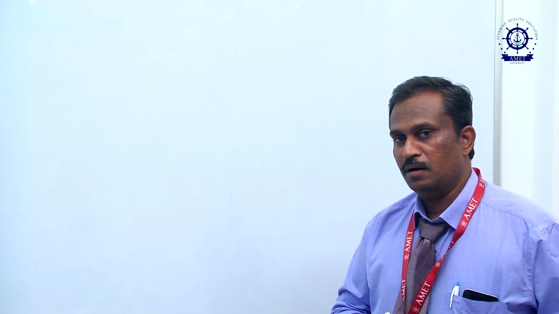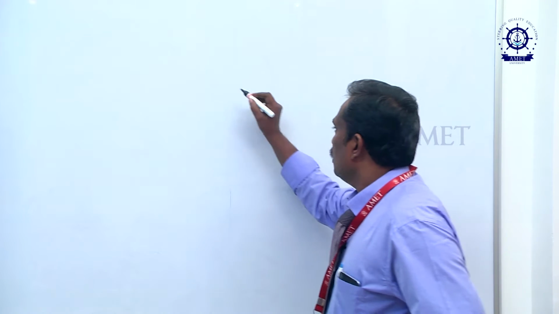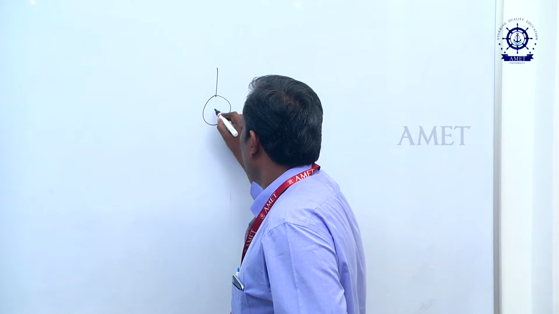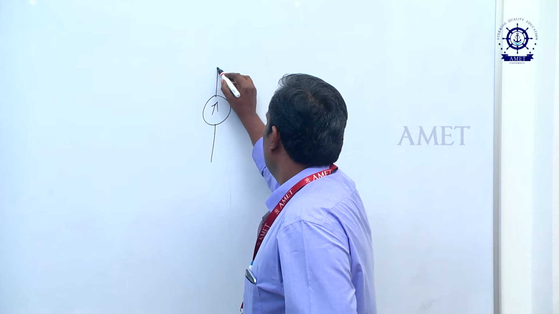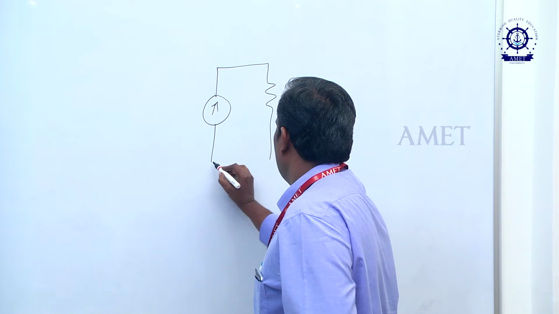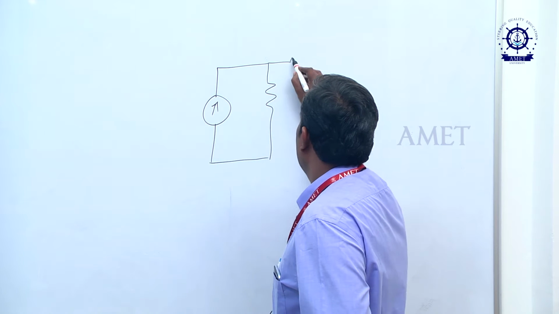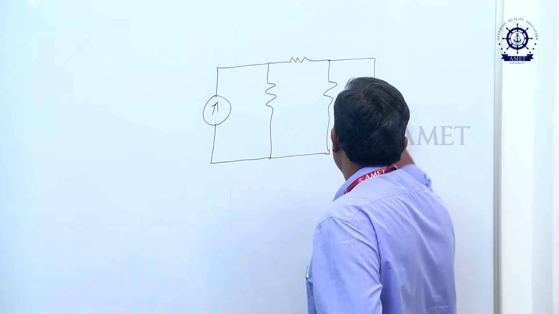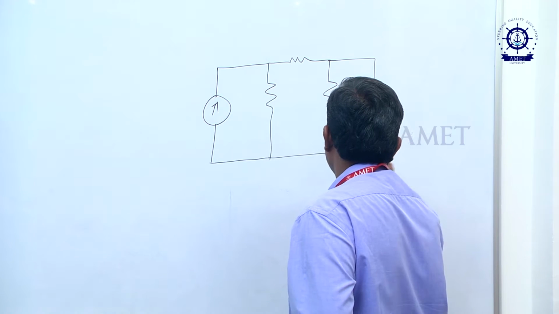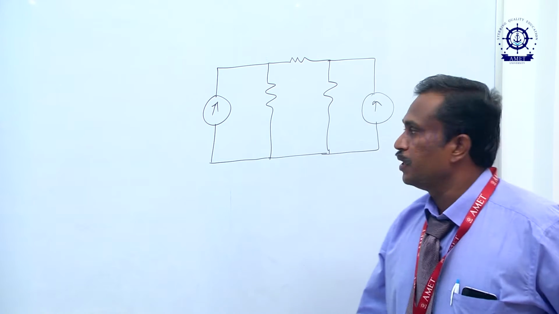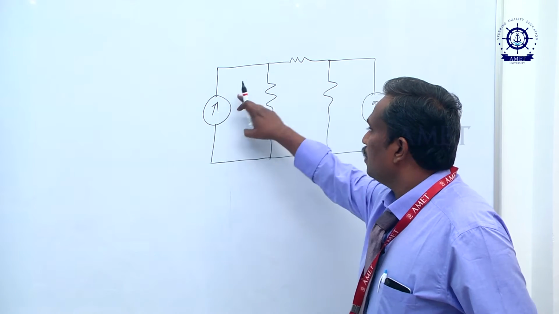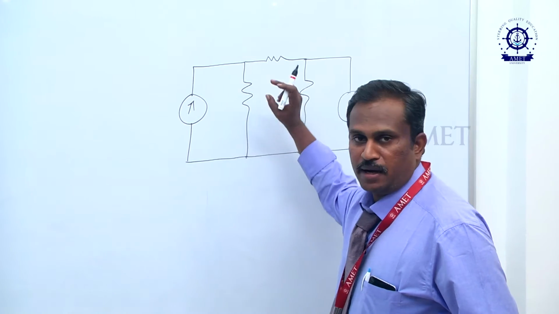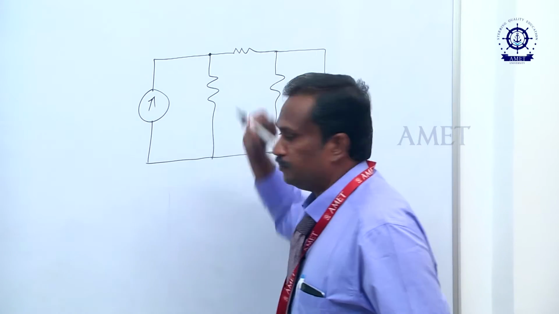circuit variables. For example, let us consider a circuit having 3 nodes: one current source and one resistor in parallel, and one more resistor. Here at this point the current source and these two resistors are connected. So this is one node.